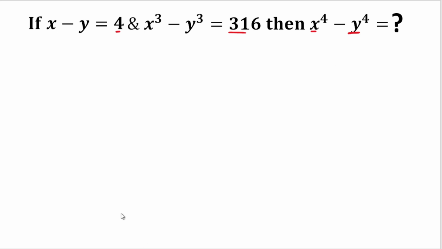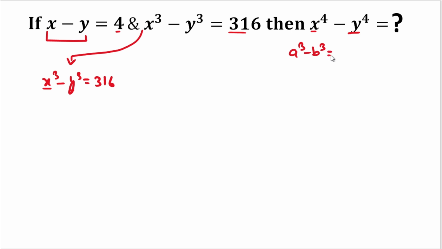Let's start the video. Here we have the value of x minus y. So first of all we'll write this expression. It is x cube minus y cube, that is given here as 316, and we know the formula of a cube minus b cube in terms of a minus b.